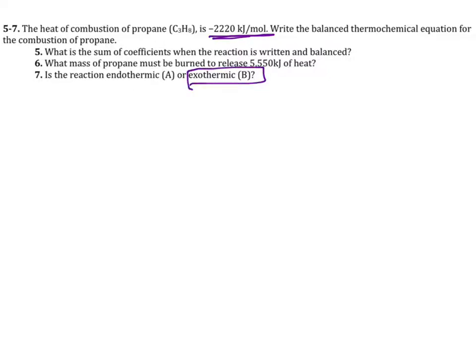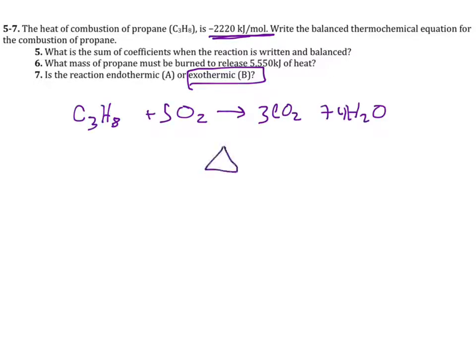Now what we want to do is write a balanced chemical equation for this. The delta H of this reaction, it says, is negative 2,220 kilojoules per mole. Now I'm going to put this within the equation itself to make a thermochemical equation.